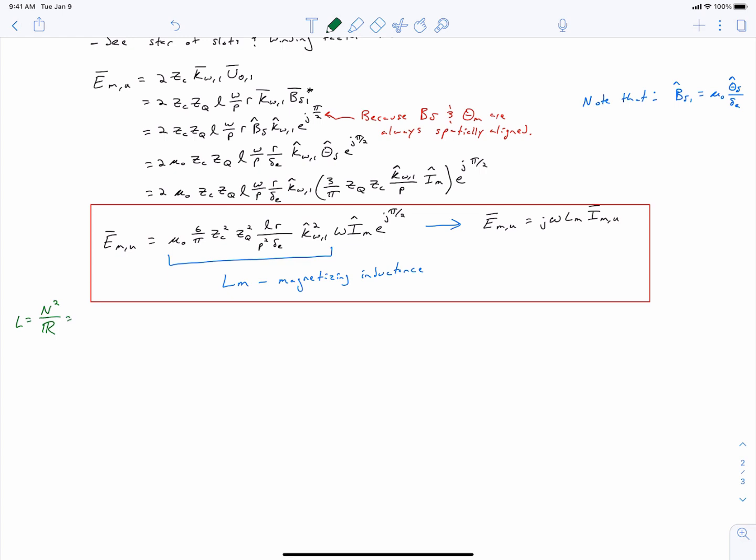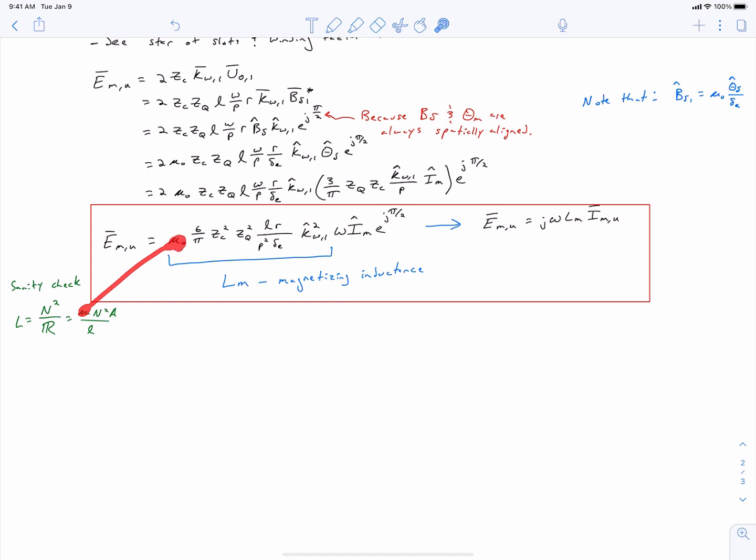And reluctance is equal to length of the path divided by mu a. And so this is kind of a crude sanity check to make sure that we have our inductance in a form that we expect. And so you can see from the sanity check expression, we certainly have mu.